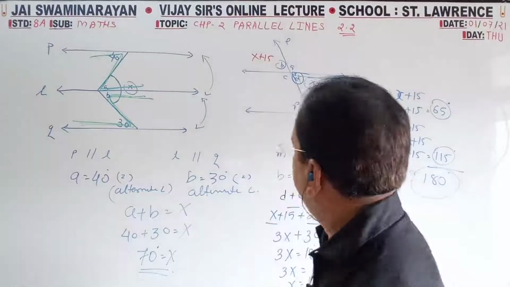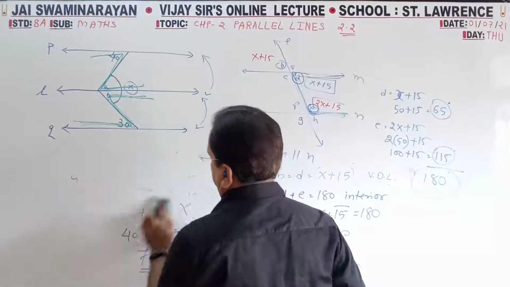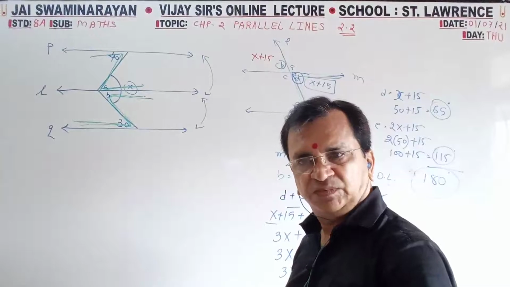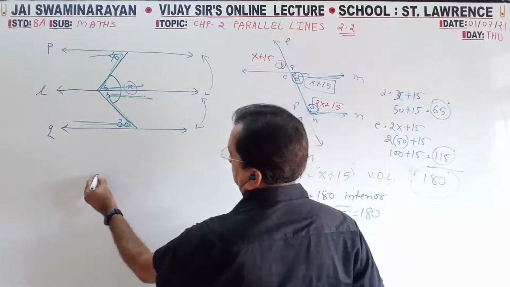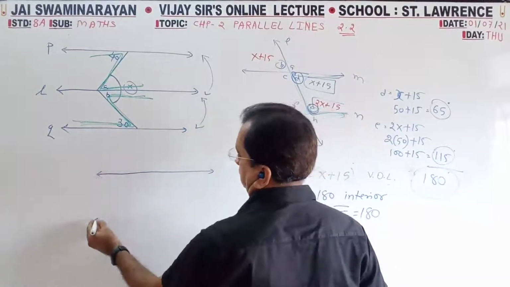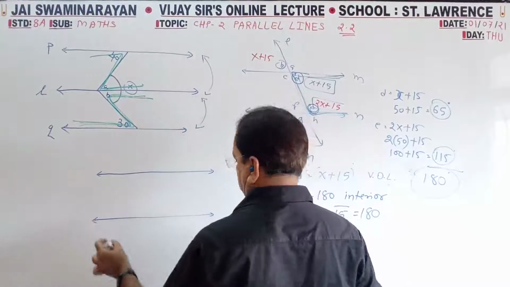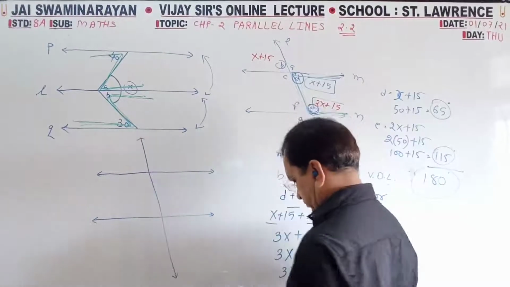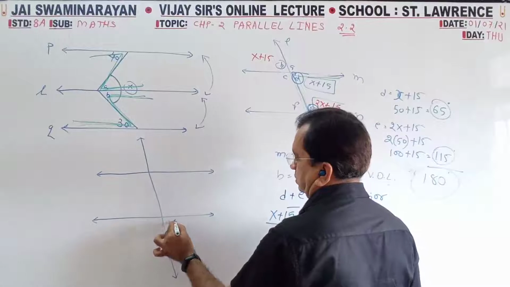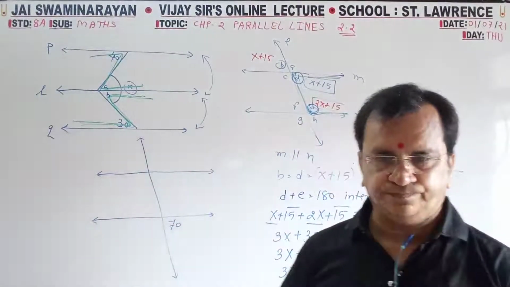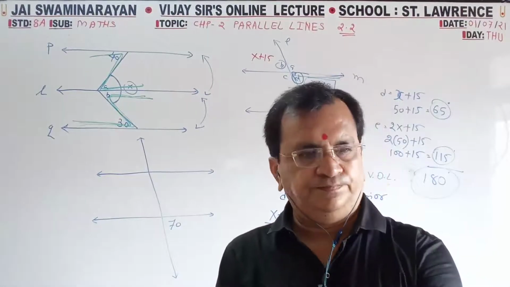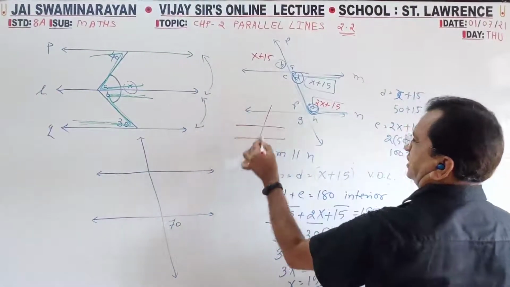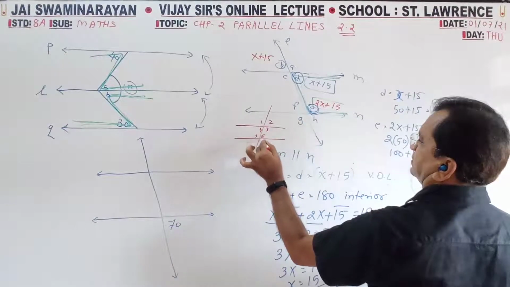One more solved example. Whenever there are two lines and one line is intersecting, so 1, 2, 3, 4, 5, 6, 7, 8.